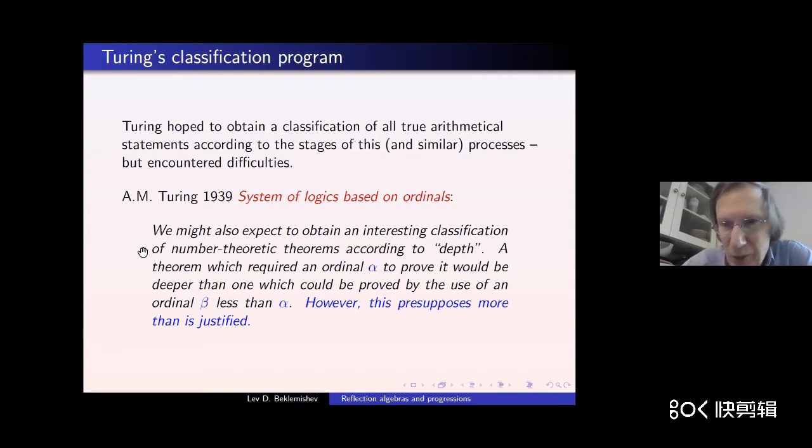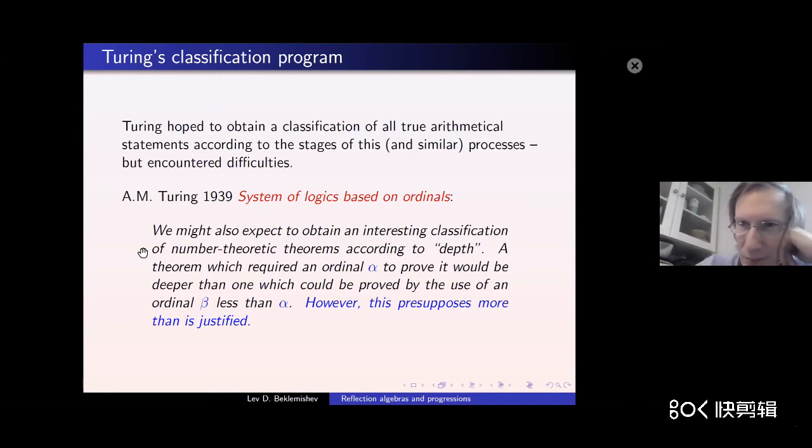However, this presupposes more than is justified. So this last sentence that I painted in blue needs some explanation, and that's what I'm going to do in my next slide.